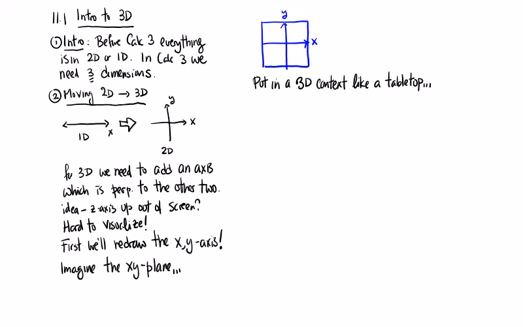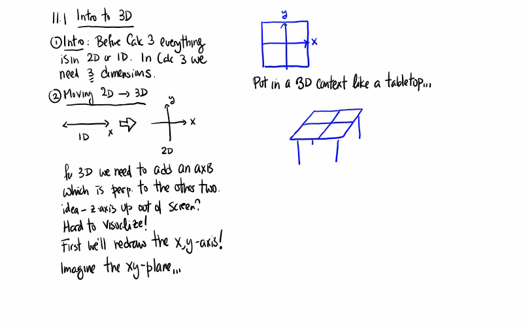To do this, I'm going to be a little sneaky. You can imagine the top of a table, and the table's got some legs down there, and there are my axes. Now it might be tempting to make the y-axis the one that goes front to back and the x-axis left to right, but we actually won't.